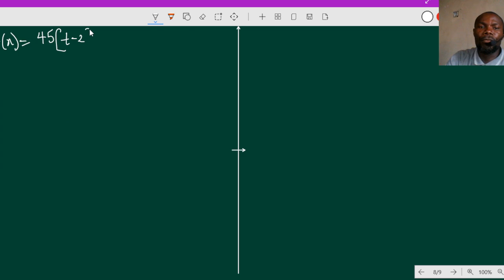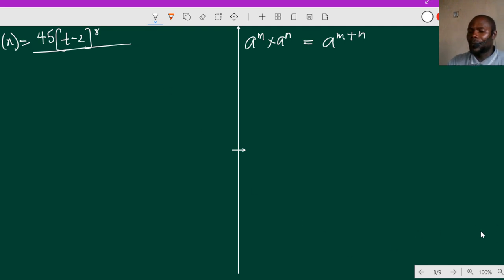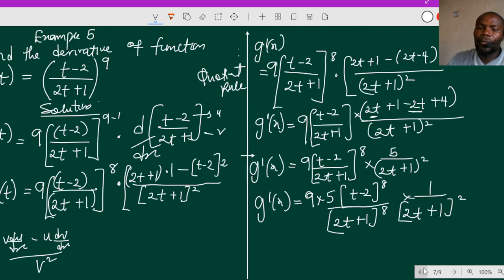Let's recall something in indices: a raised to power m times a raised to power n, you can rewrite as a raised to m plus n. So in the denominator part of this solution, you see 2t plus 1 raised to power 8 and 2t plus 1, they are common.